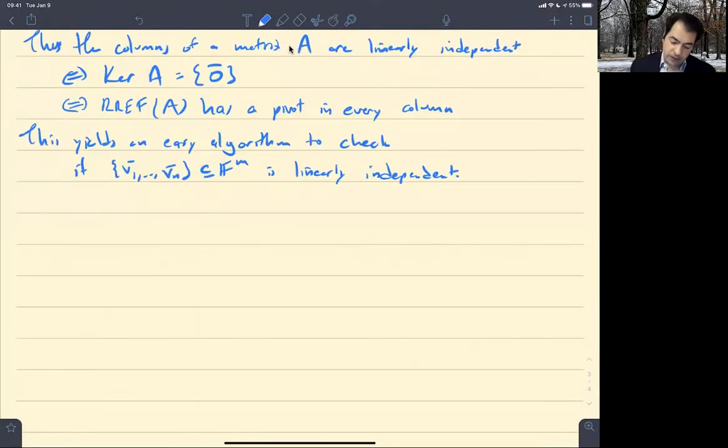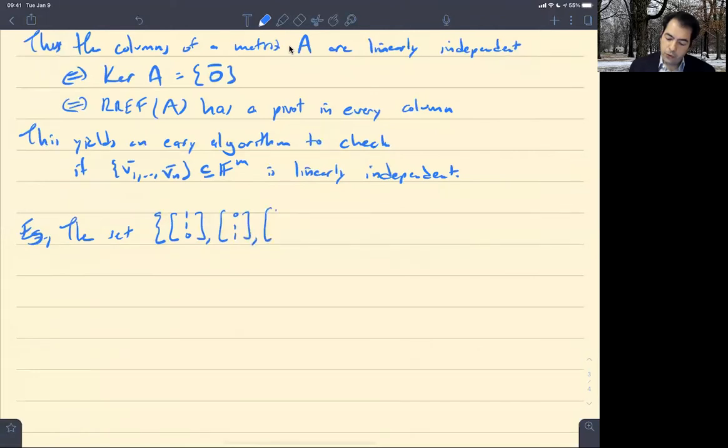Right? So for example, the set (1, 1, 0), (0, 1, 1), (2, 5, 3) that we looked at before is linearly dependent. Let's go ahead and do the algorithm here just so you see what you would get.